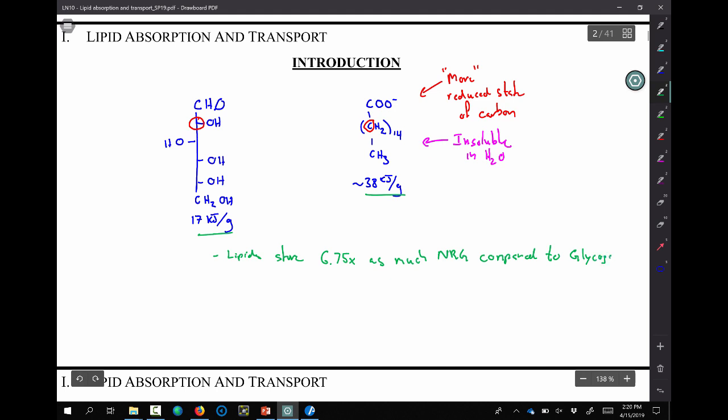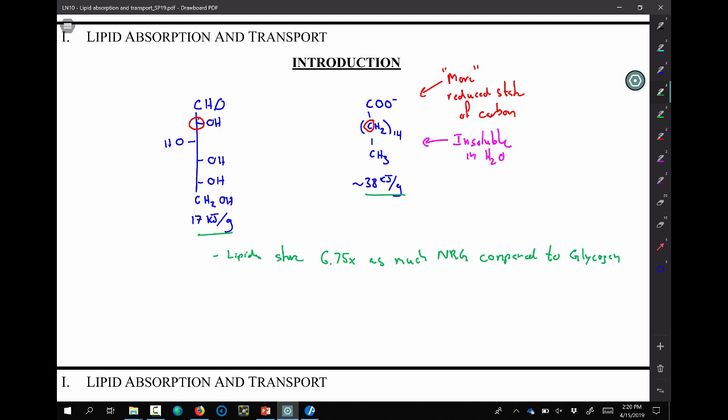Of course, glycogen is the means of storing energy as carbohydrates. So it's twice as much energy when you look at the dry weight, but about 7-fold more energy when you look at it actually solubilized in a cell, because the water adds significant mass to glycogen where it doesn't add anything to the lipid.